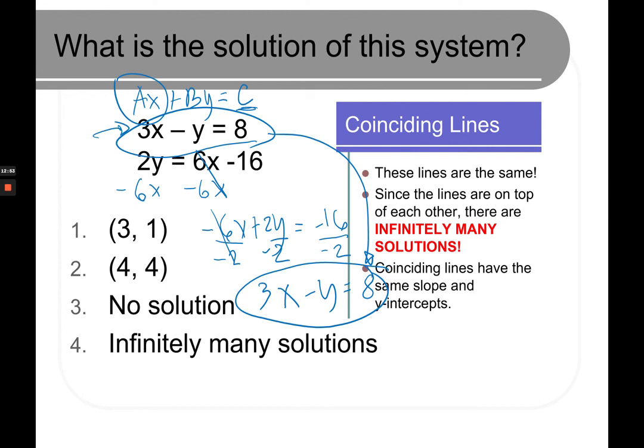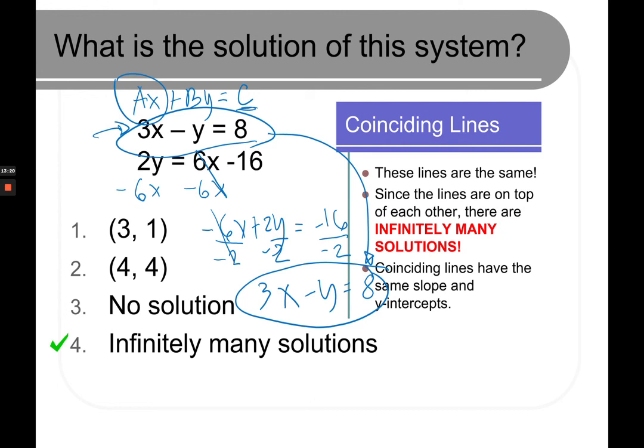And it will resolve when you graph into coinciding lines. If you're required to graph, you need to graph. But if you don't need to graph, you already knew that they are same lines. It will resolve to coinciding lines. The answer will be infinitely many solutions. Choice 4 is the correct answer.